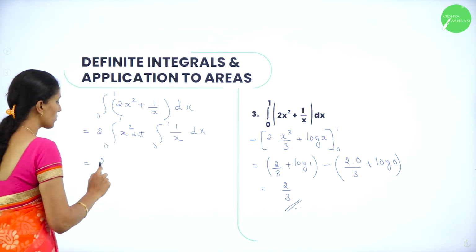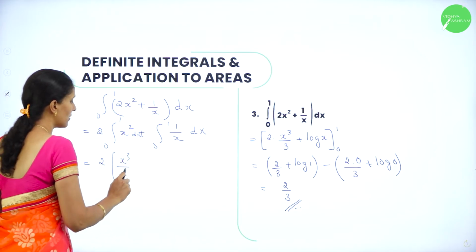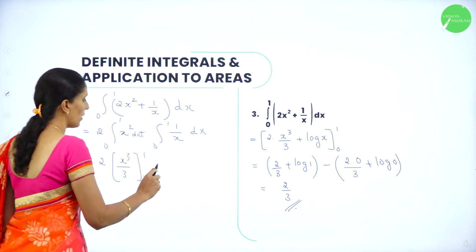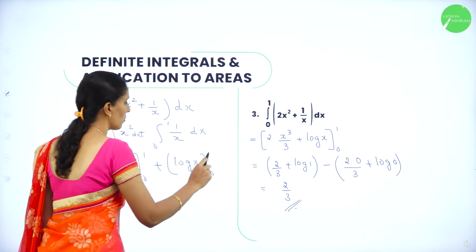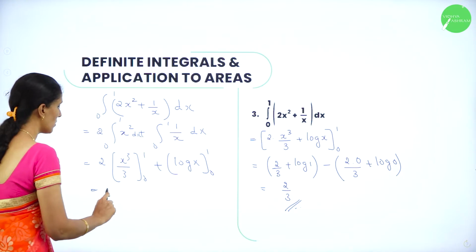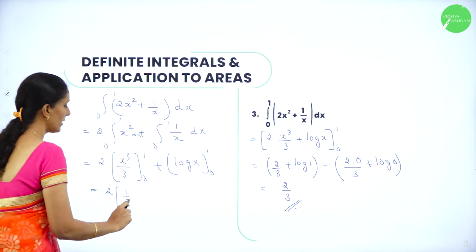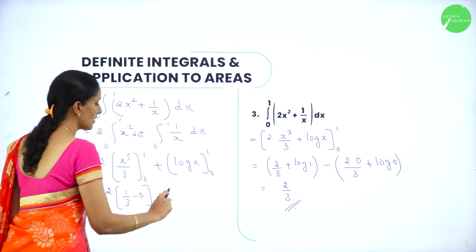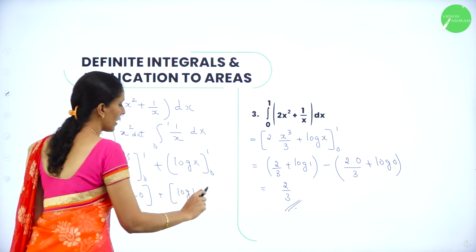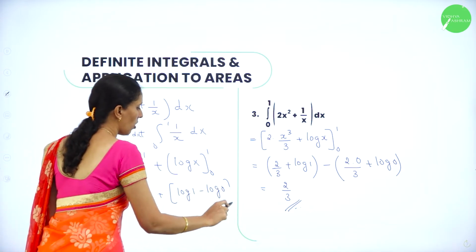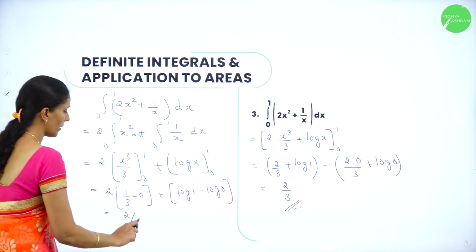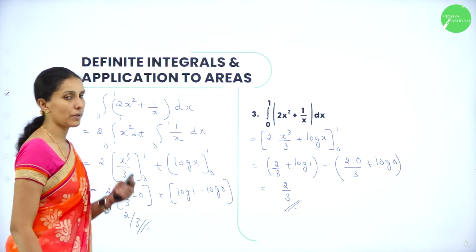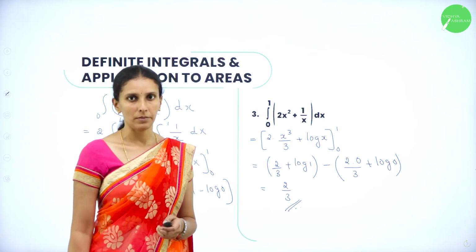So you will get the values as x cube by 3 from 0 to 1 plus log x from 0 to 1. So which becomes 2 into 1 by 3 minus 0, plus log 1 minus log 0. So log 1 is 0, log 0 is also 0. So therefore the value here is 2 by 3. So you can apply this method also to evaluate the integral.